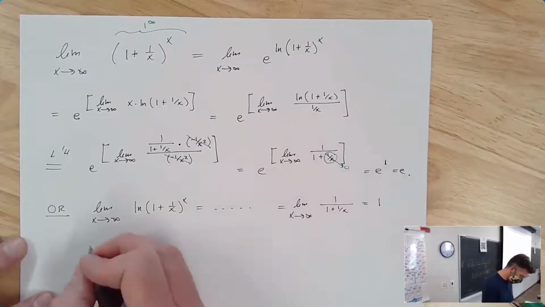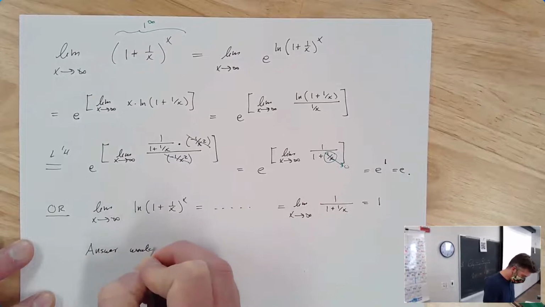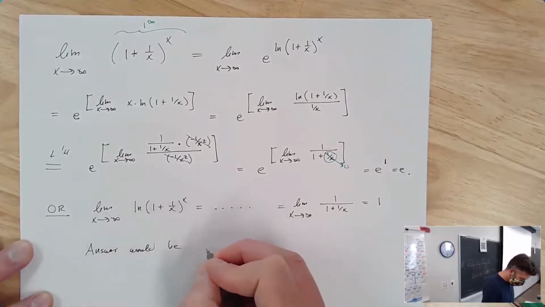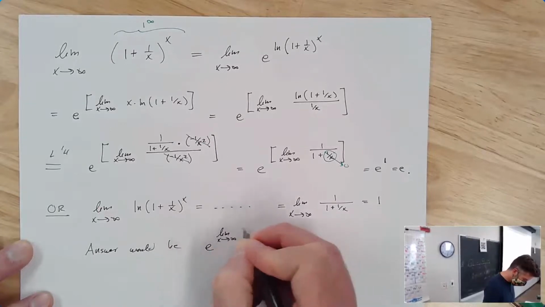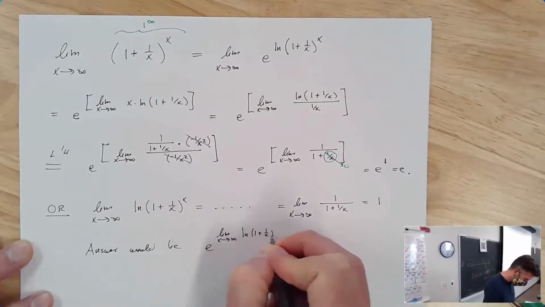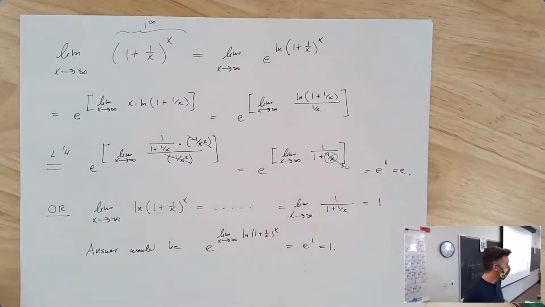And then your actual answer would be e to that limit, which would be e to the 1, which is e. Either way is fine. Do whatever you're more comfortable with, unless your professors like to do it in a specific way. Even then, I still might do it the way I was more comfortable with, because it's more important to be able to do it right than be able to do it the way they said to do it.